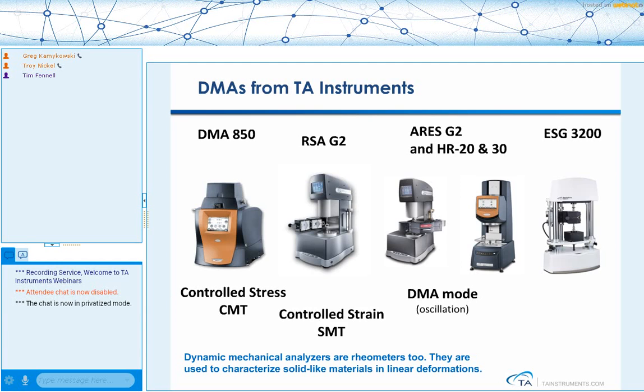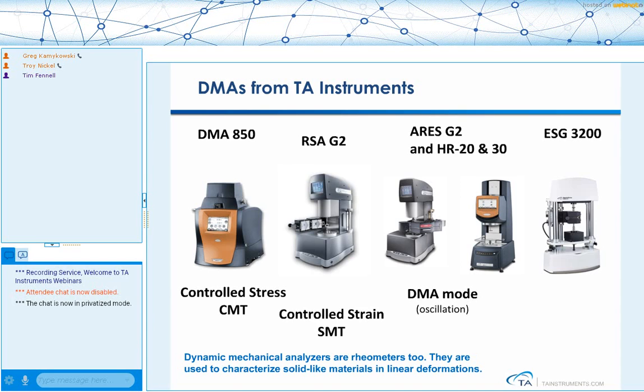As I had mentioned, there are times when it's more convenient to test solid-like materials in a linear mode. And we have some instruments that are designed to do that exclusively. So these are our dynamic mechanical analyzers, and that's the DMA 850, the RSA G2.